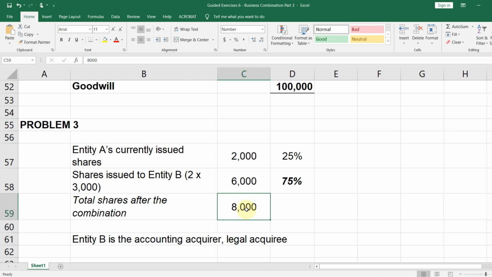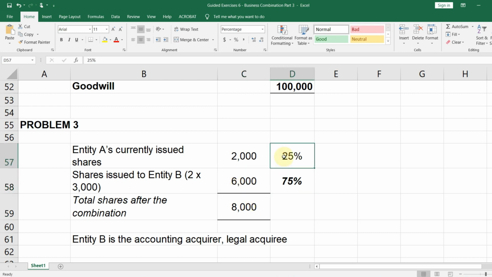To know who is the accounting acquirer, look at the percentages. 2,000 divided by 8,000 gives 25%. Then 75% is obtained by dividing 6,000 by 8,000.